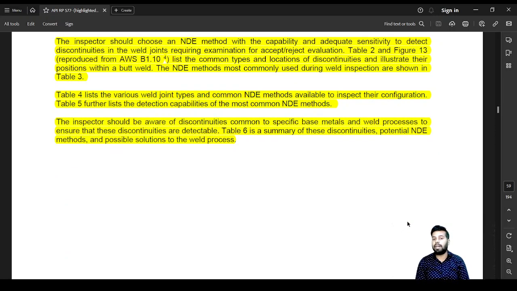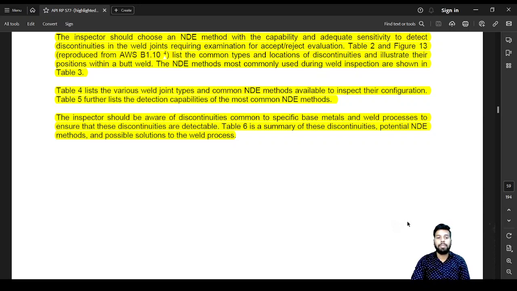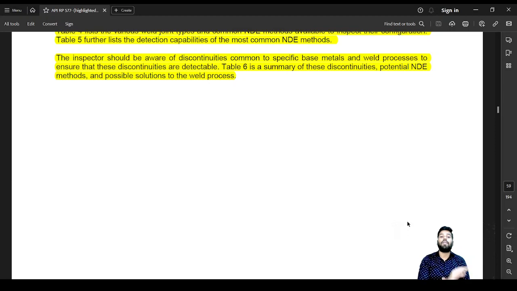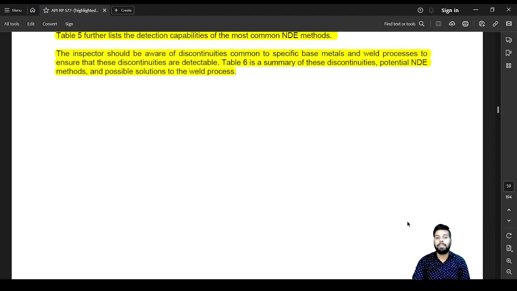Table 5 lists the detection capabilities of most non-destructive examination methods. The inspector should be aware of the discontinuities that are common to the specific base metals and weld processes, to ensure that these discontinuities are detectable. Table 6 is the summary of the discontinuities, potential non-destructive methods and possible solutions to the weld process.